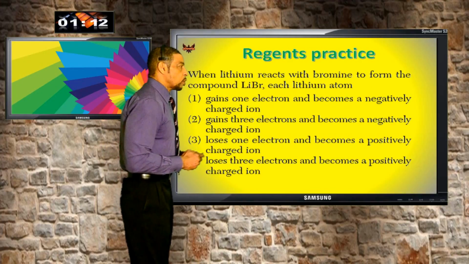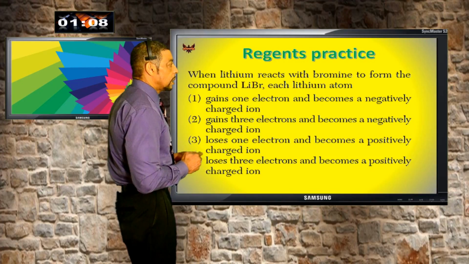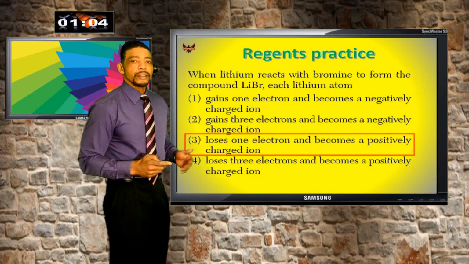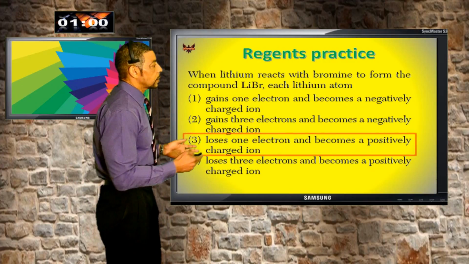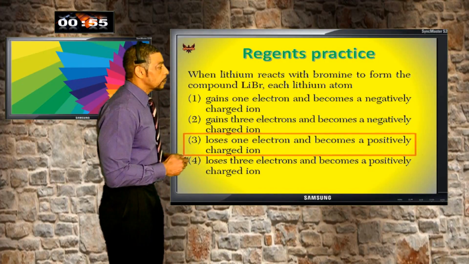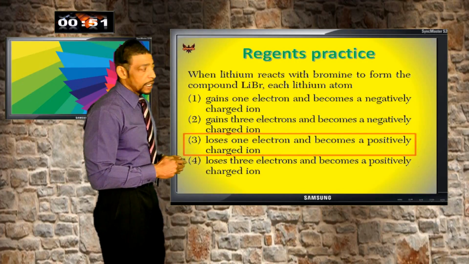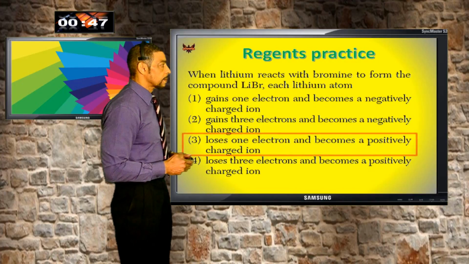When lithium reacts with bromine to form the compound lithium bromide, LiBr, each lithium atom will do which of the following? Well, when ionic compounds are formed, the metallic element will always undergo oxidation, which means it loses its valence electron, forming a positively charged ion, also called a cation. The answer to this question is number 3.